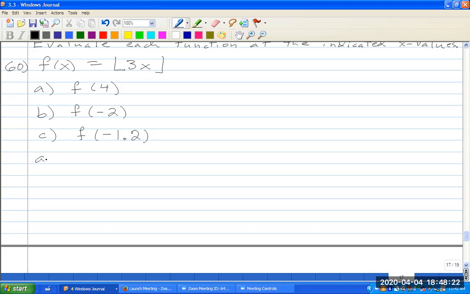So let me do a, f of 4 is equal to 3 times 4, and then the greatest integer function. 3 times 4 is 12. Well, what's the greatest integer less than or equal to 12? Well, 12. So f at 4 is just equal to 12.